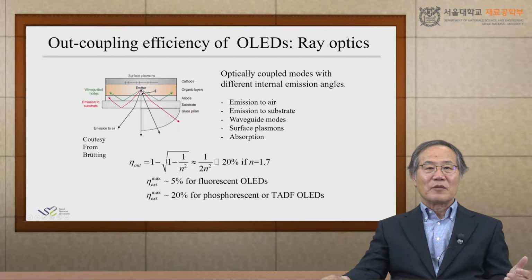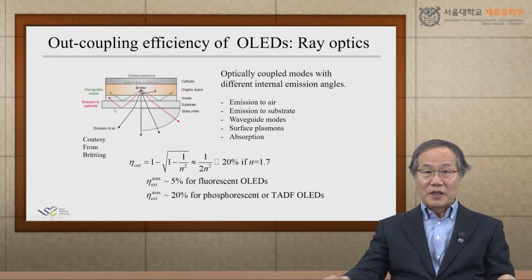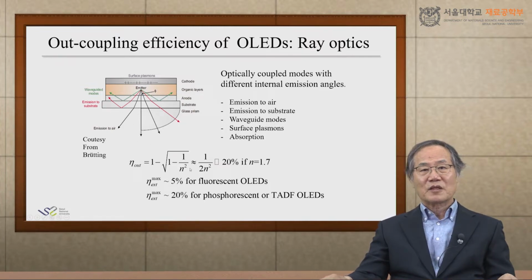So the light emitted in this layer experiences total reflection at the interfaces between the ITO and the glass, and the air and glass substrate, and so on. If we simply calculate the outcoupling efficiency using ray optics, it turns out to be this equation.